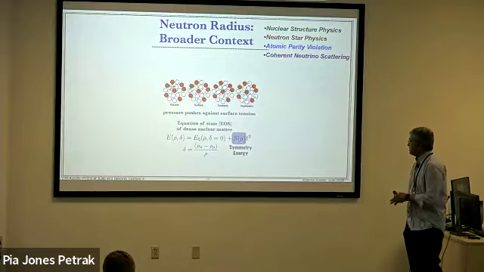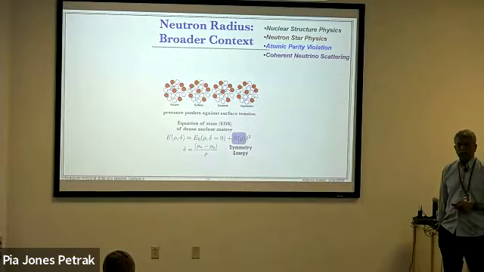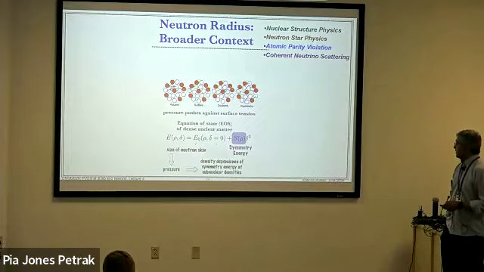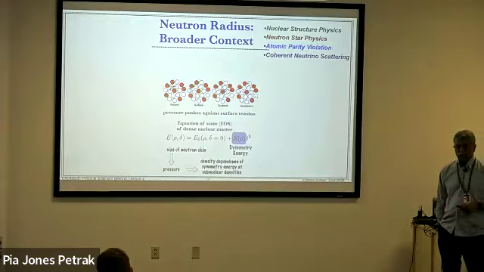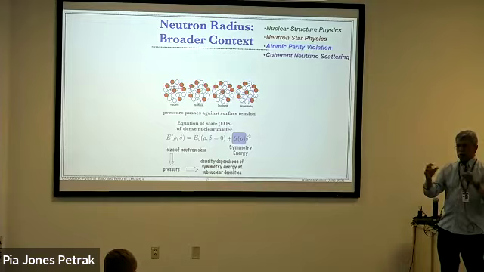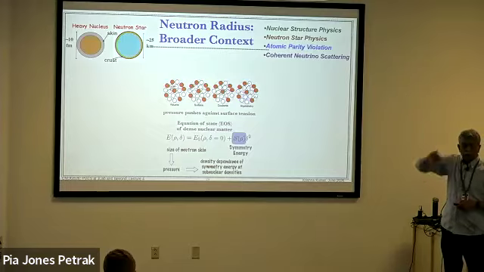The density dependence of the symmetry energy is a big deal in nuclear theory for two reasons. One is the density dependence of symmetry energy is directly correlated to the size of the neutron skin. The larger the slope, the more the neutrons tend to bulge out. So you want to measure this slope. And another reason is that this is the slope you need to predict neutron star density.